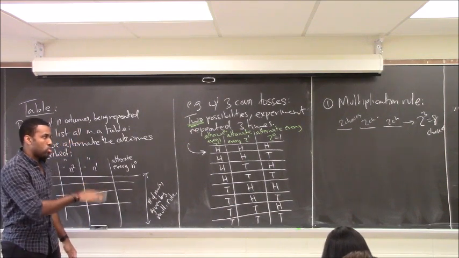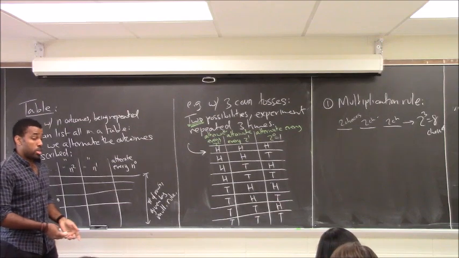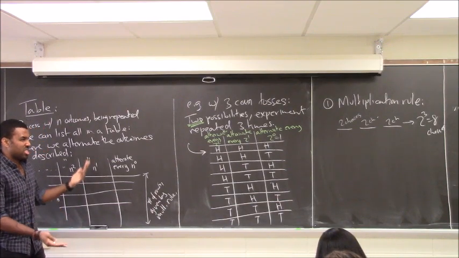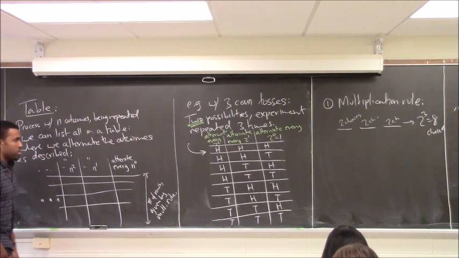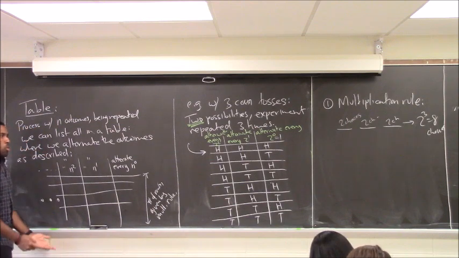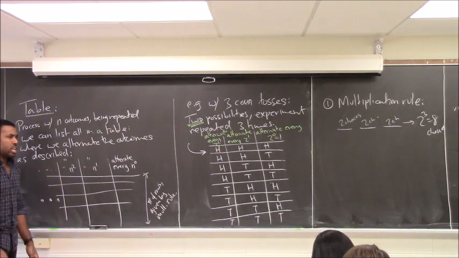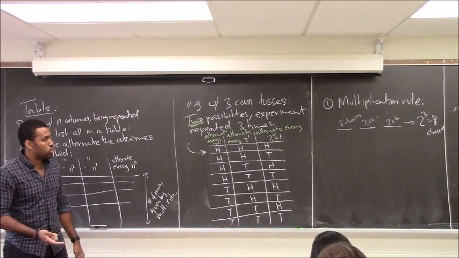But as for the actual arrangement, for you to visually see what you want, a table is a good way to go sometimes, especially if it's not going to be that large. I mean, 8 rows is really not that big for a table, so you could actually do that. So if someone were to ask you, what is the probability that when you toss these coins you get exactly 2 heads? All you're going to do now is you're going to count the rows that have exactly 2 H's in them.